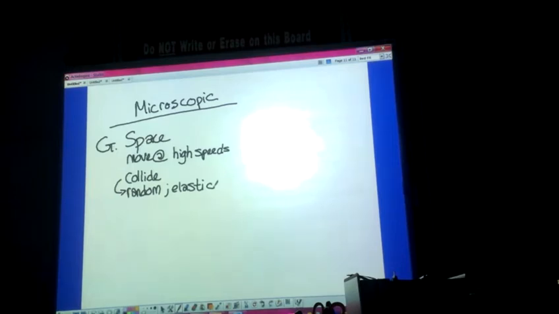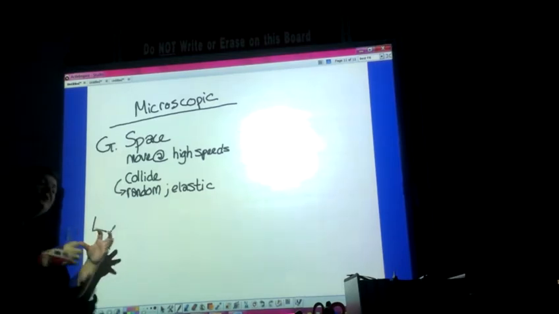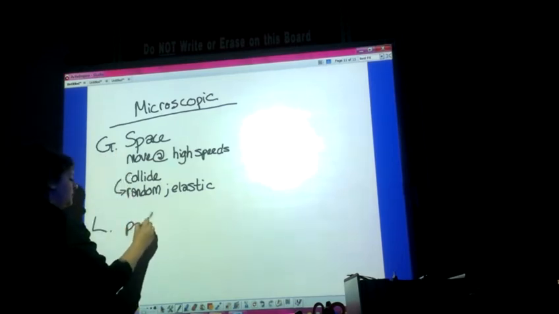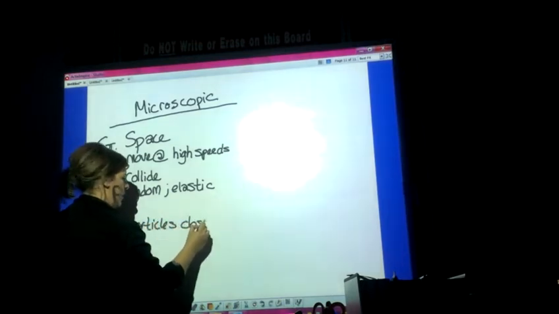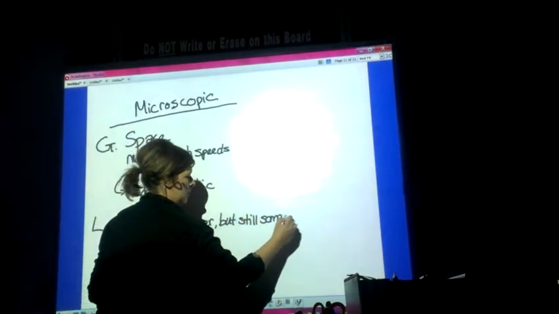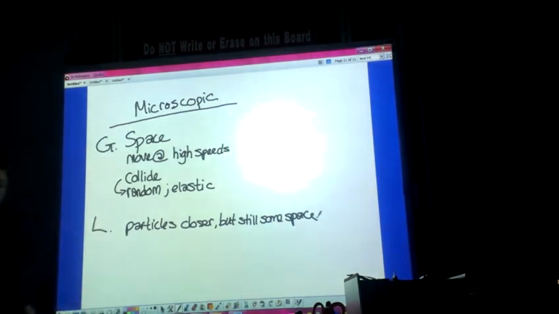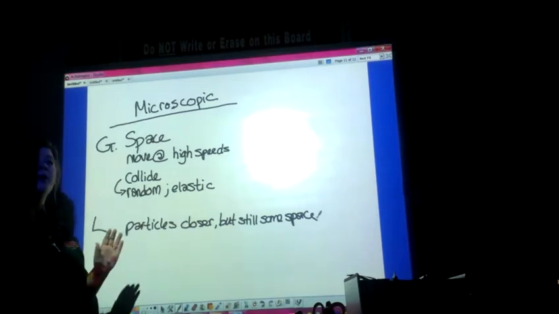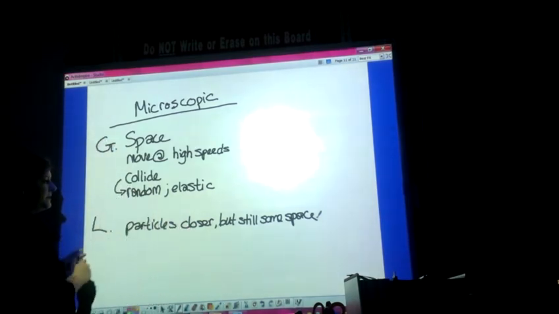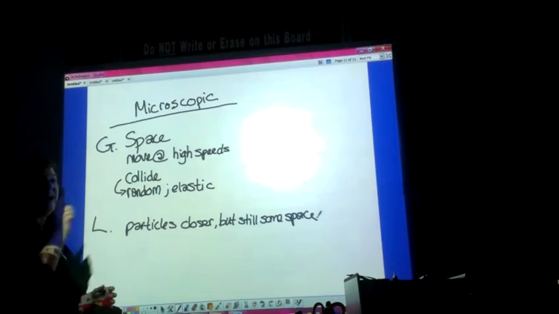In terms of liquids, let's go to a liquid. Liquid molecules are going to be closer together. There won't be as much space separating them as a gas. So particles closer, but still some space. Okay? And in terms of their movement, they move rapidly in terms of how they slide over one another because they're able to slide based on intermolecular attractions, but it's still not as fast as a gas.